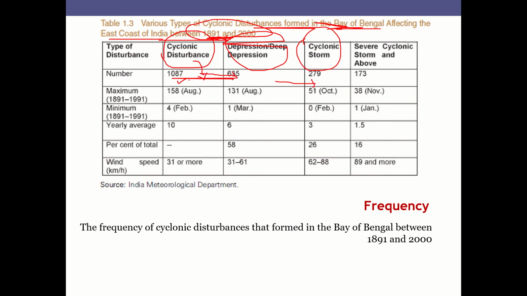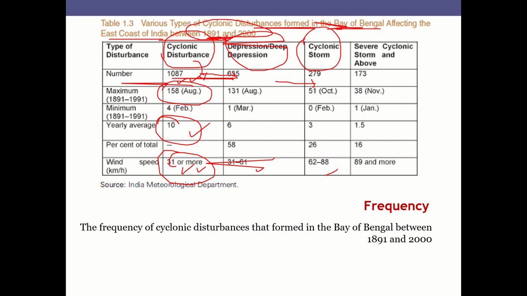More than 1,000 such events have been observed, and particularly in the month of August, a high number of such incidences have been recorded. On an average 10 such events have been recorded. When we see the speed and the intensity, these are big numbers actually.